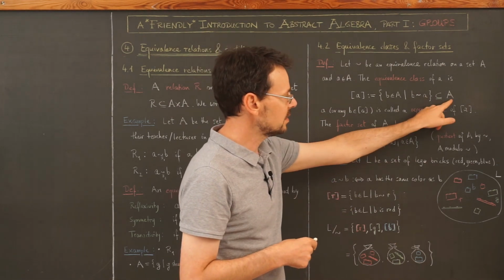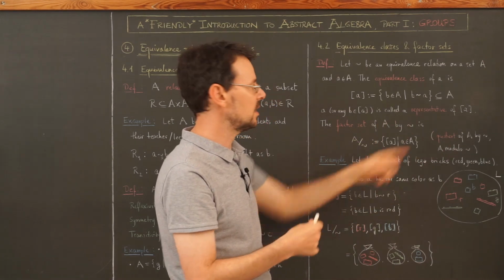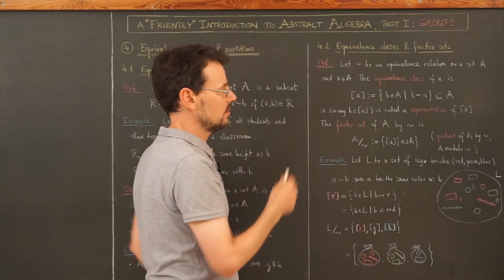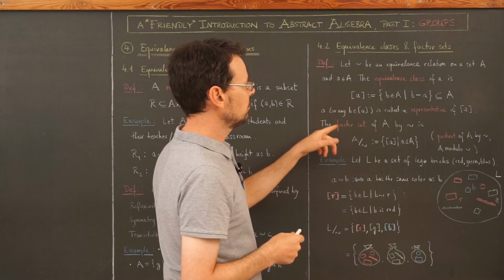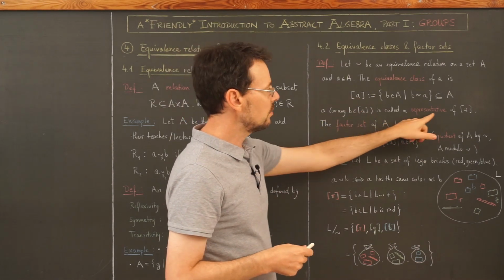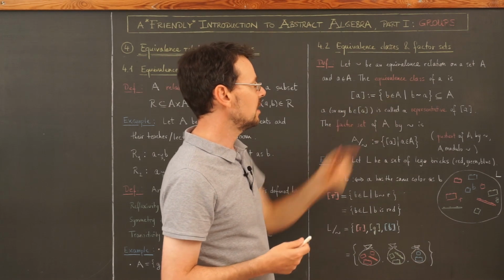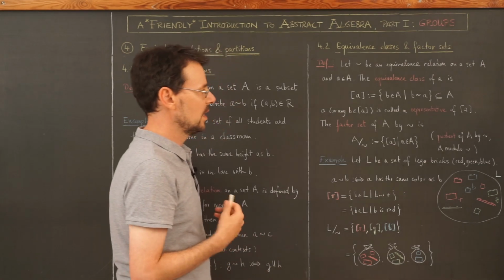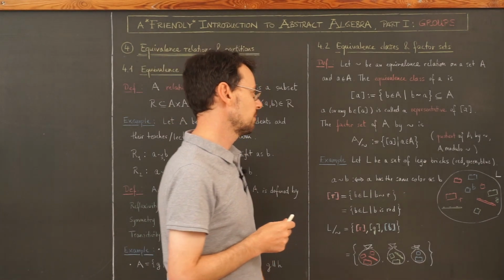And this clearly is a subset of A. So I collect all the elements from my set A that are in this equivalence relation with my element a. Then a is called a representative of this equivalence class. Actually, I can take any other b and get the same equivalence class. We will prove that in detail a bit later, although it's actually obvious.